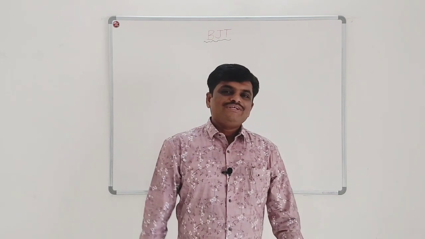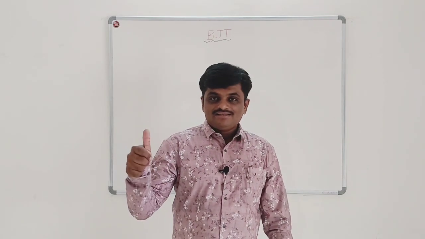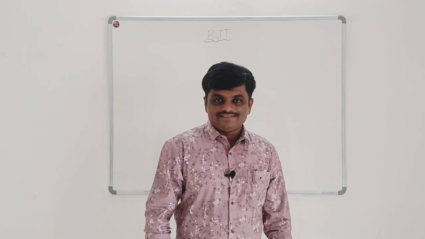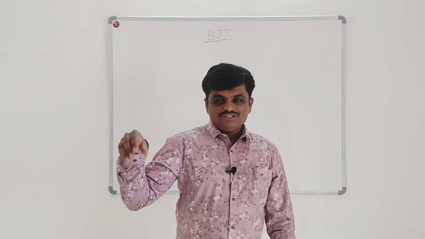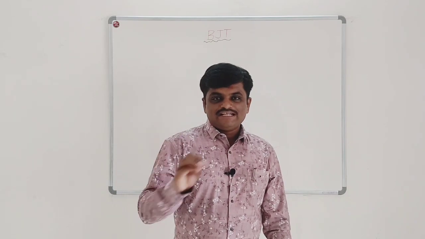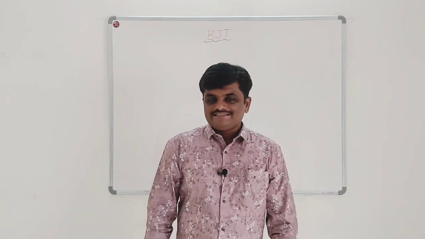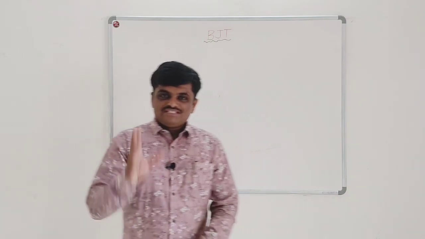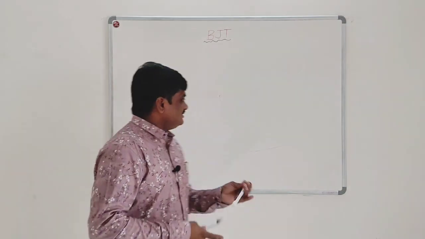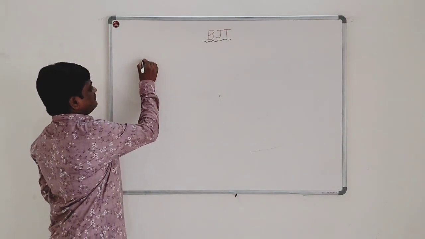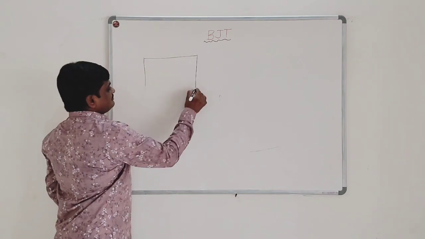So in BJT there are three regions. First one is emitter, second base, and third is collector. Emitter denoted as E, base denoted as B, and collector denoted as C. If you see the cross sectional view of BJT, I'll draw it here.